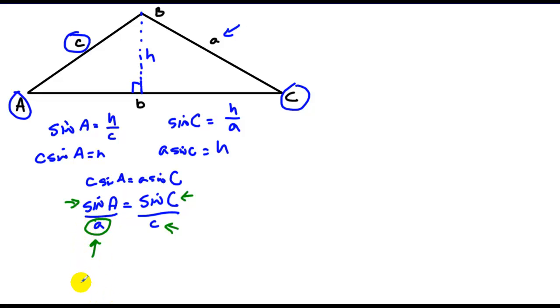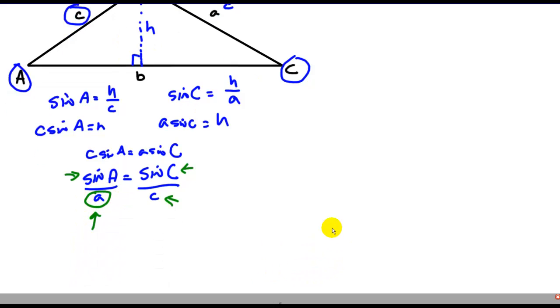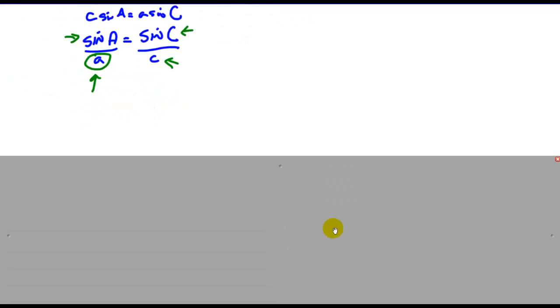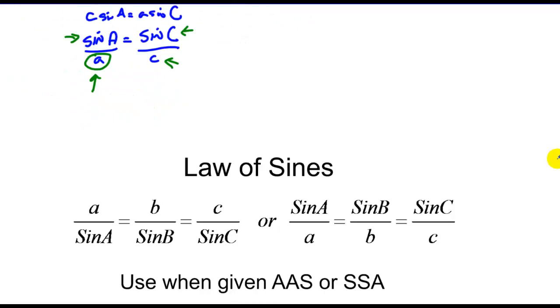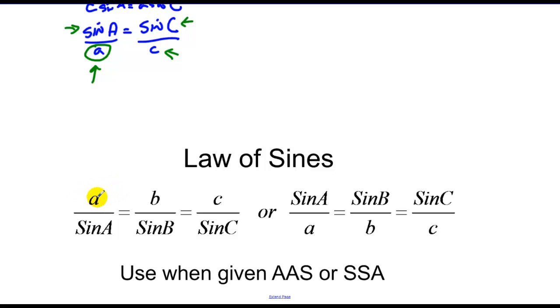So I can solve for a accordingly. This is called the law of sines, and the law of sines states the following. The ratio of a side to the sine of its opposite angle is equal to the ratio of the other sides and the sines of their opposite angles.